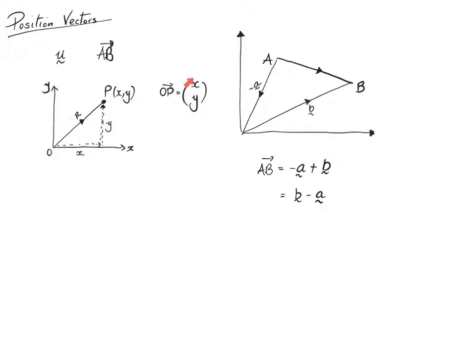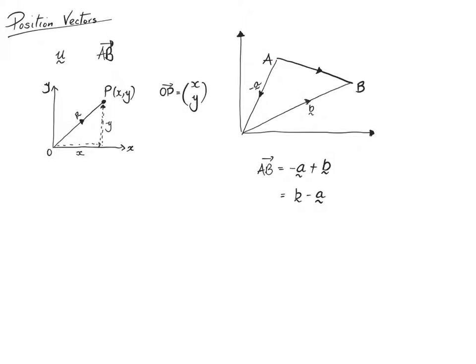The x-coordinate becomes the top of our column vector, and the y-coordinate becomes the bottom of our column vector. And if we had a z, it would be the third part. So that's why here we can say that going from O to A is the same as vector A, but because we're going in the opposite direction, we've got to make it negative. And then going from O to B is just the same as vector B. So that means vector B is just the coordinates of point B, and vector minus A is just the negative coordinates of point A.